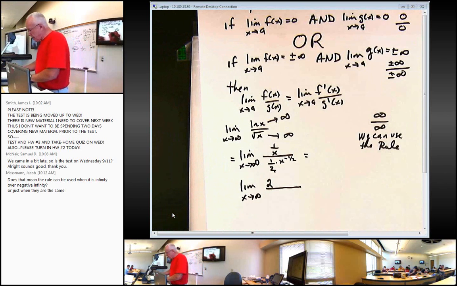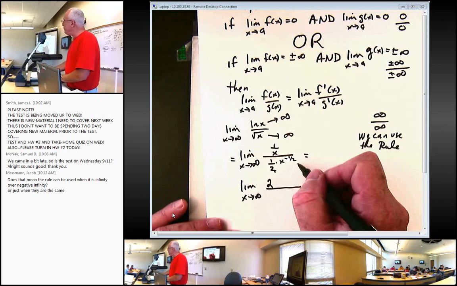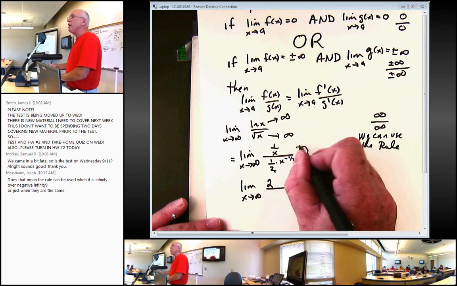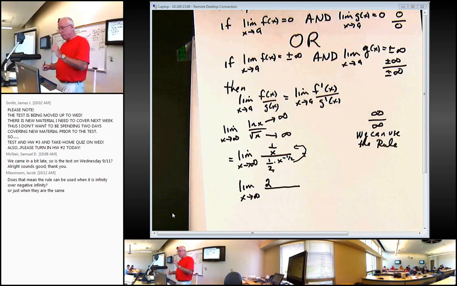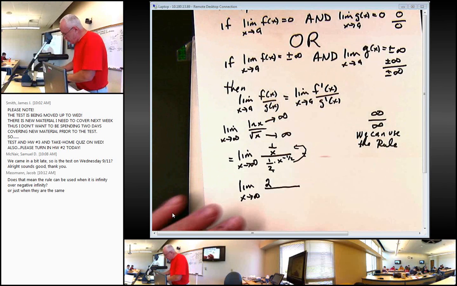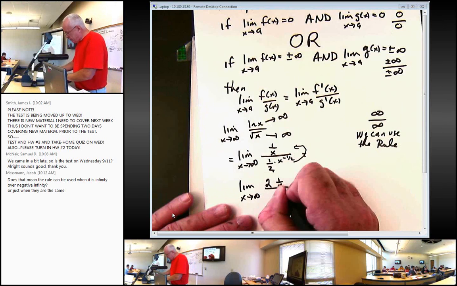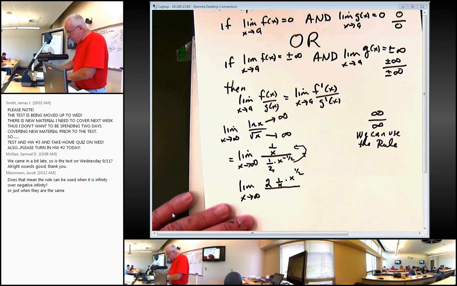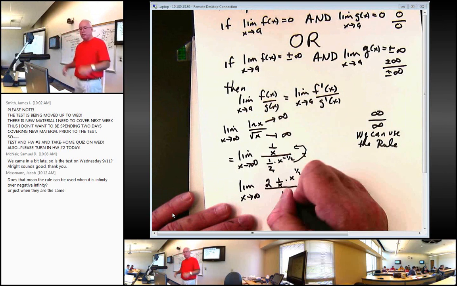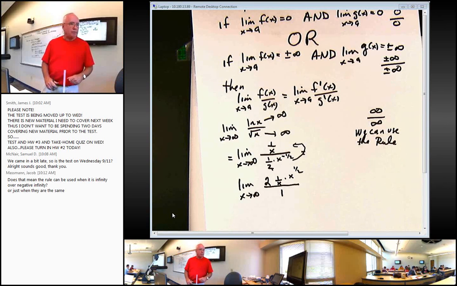Now here I have x to the negative 1/2 in the denominator. Well, I can move that up to the numerator if I make it a positive 1/2 exponent. So the numerator then becomes 1 over x times x to the positive 1/2. And I've moved everything out of the denominator so I can just put it over 1.